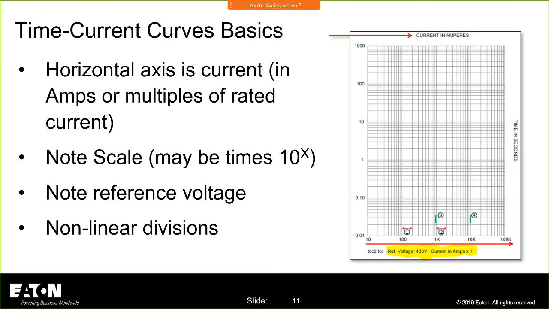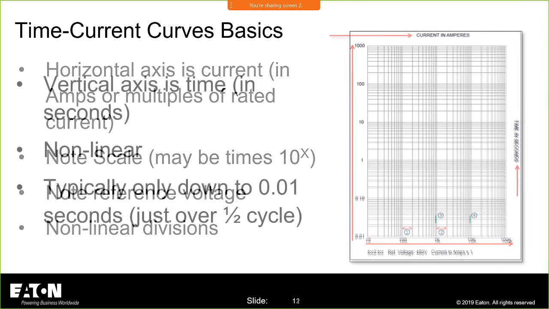Sometimes it'll be current in amps times 10 or times 100. That means anything across there. If it was times 10, where it says 100, it's actually 1,000. If it was times 100, it would be 10,000. So you have to just do the math and look at the reference down at the bottom of the TCC curve. Very important area. And again, that is all current.